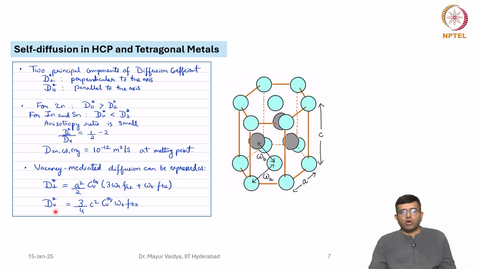And when you talk about the parallel diffusivities, there is only one that is needed, which is omega B, but you have a FB parallel. So, you have three correlation factors, which are FA perpendicular, FB perpendicular and FB parallel. And then the concentration of vacancies also comes into picture here.